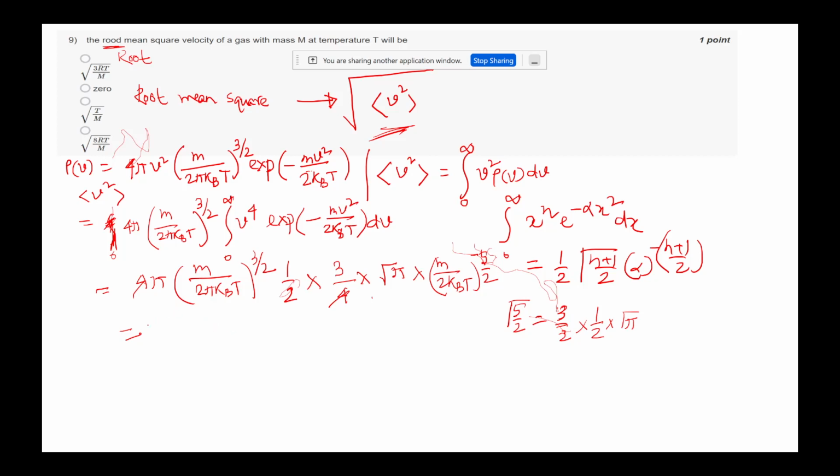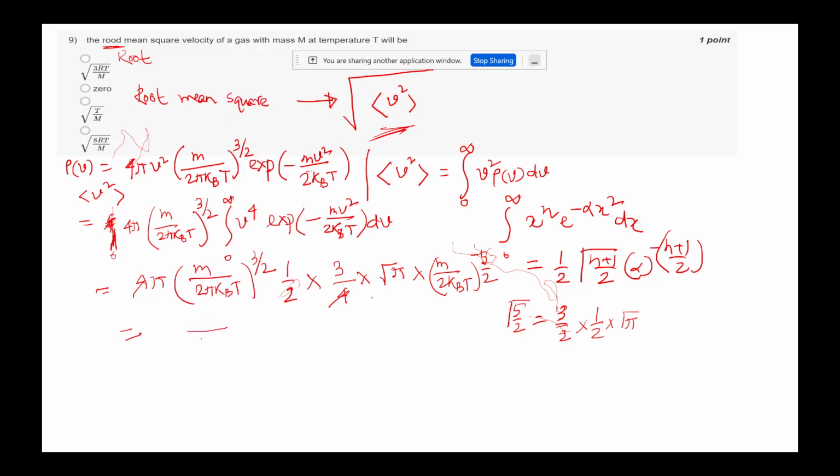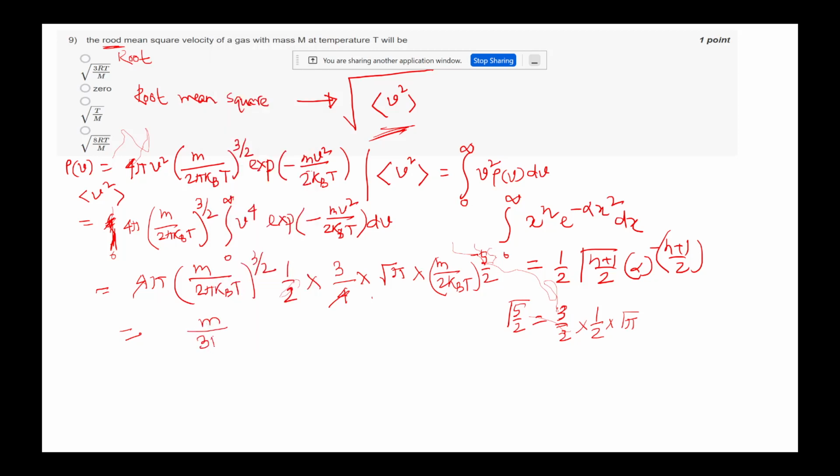So if you do the calculations, then this should be m, sorry, m by 3, okay, m by 3 kbt.